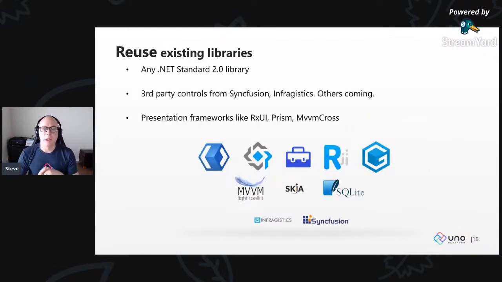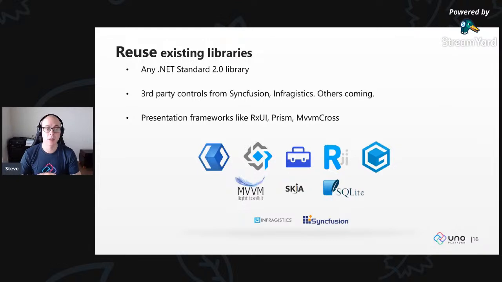One of the great things is that you can reuse any existing .NET Standard 2.0 libraries that you have or like to use for your applications with an Uno application, as well as great third-party control support from people like Syncfusion or Infragistics, and there are many others coming.